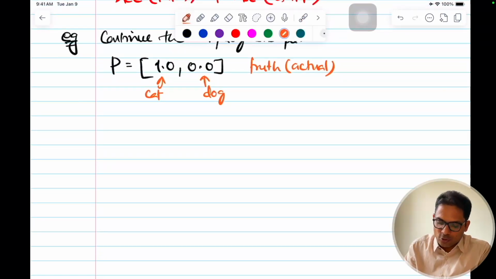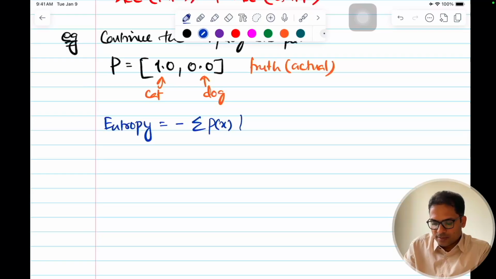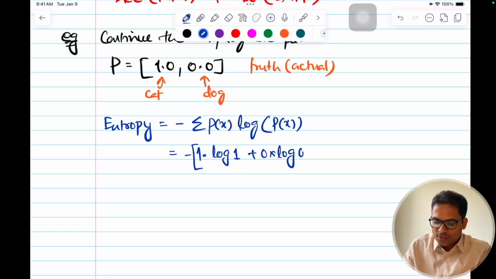And what was my entropy? Let me measure the entropy for this. Entropy would be minus sigma p(x) log of p(x). All the possible values are 1 and 0, cat and dog. So this will be minus 1 into log of 1 plus 0 into log of 0.